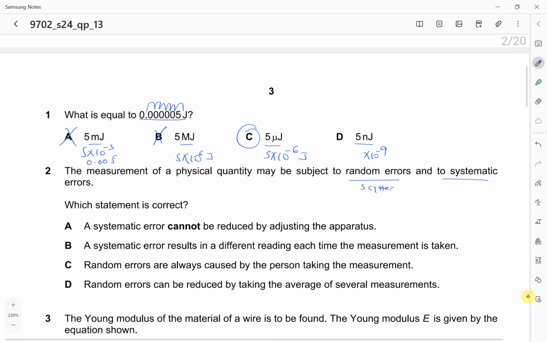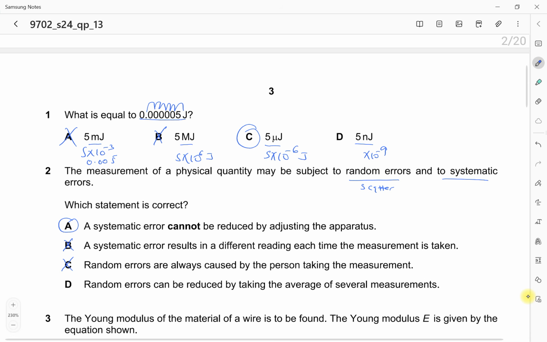So a systematic error cannot be reduced by adjusting the apparatus. A systematic error results in different readings each time? The readings, each time the measurement is taken, could be deviating by the same amount. Random errors are always caused by a person taking the measurements?